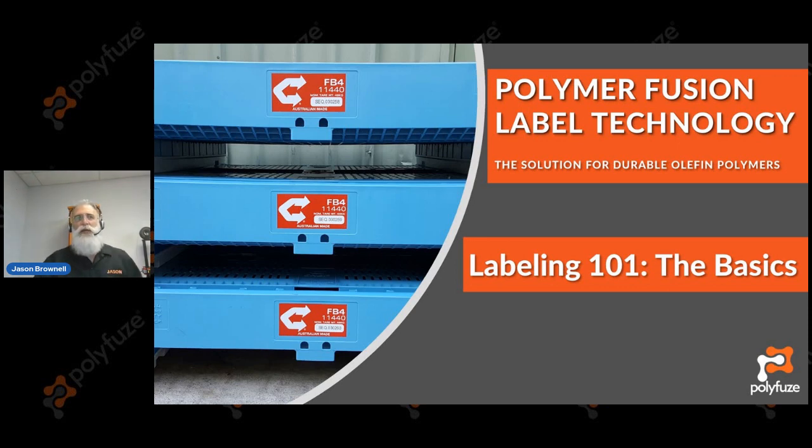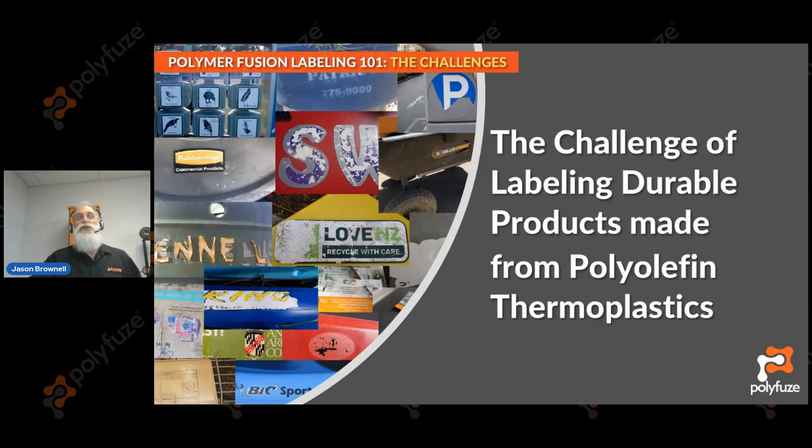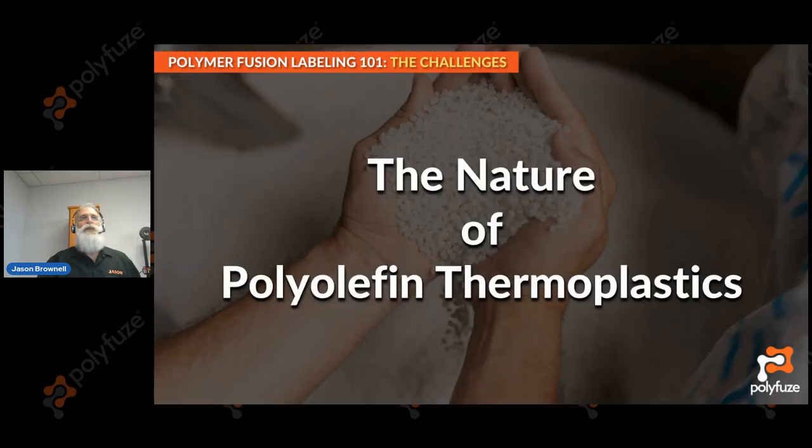Polyethylene, polypropylene, the whole polyolefin family of plastics can certainly be a challenge to label, and there are a few reasons for that. This is just a review for anybody who joined the first two webinars, but I think it's important, and for those new to this third one, I want to make sure they understand some of the challenges.